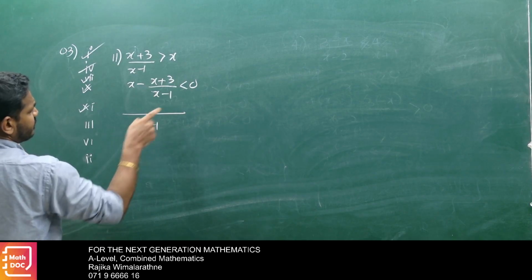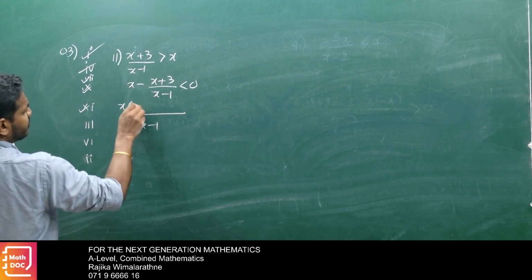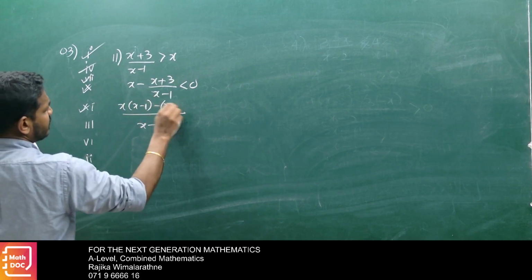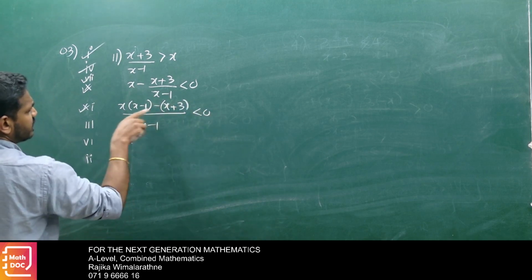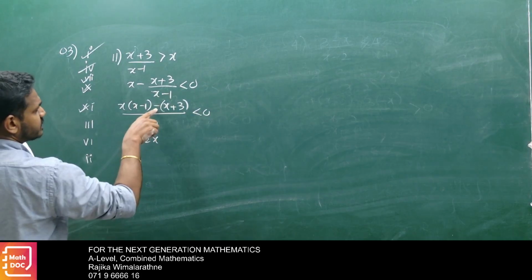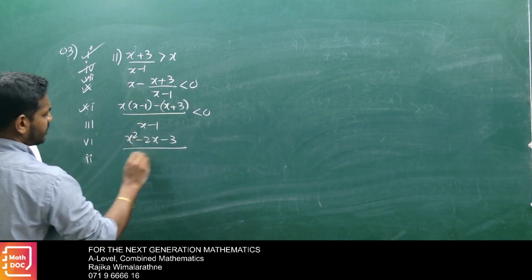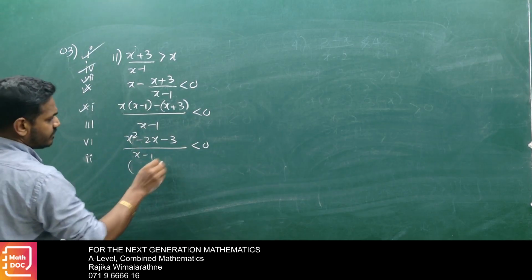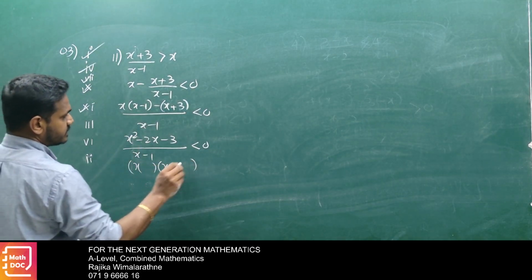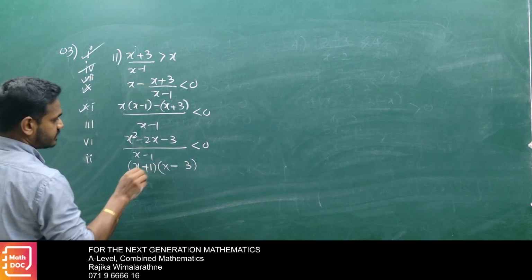Then take a common denominator, cross multiply. Here we need a bracket. Then x squared minus x minus 2x minus 3 over x minus 1 is less than 0. We have factors here: x minus 3, x plus 1, x minus 1, with signs minus, plus.